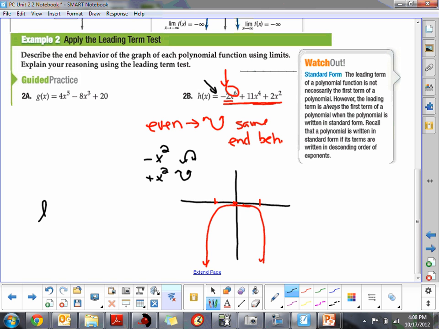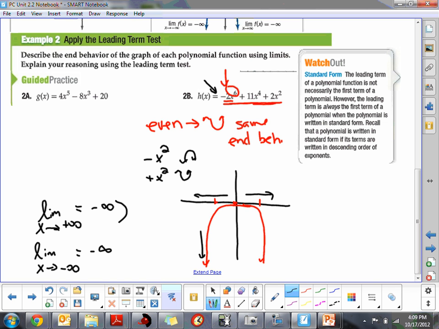So the limit as x approaches positive infinity: the y's are going towards negative infinity. And the other way that we symbolize this using limits is, as x approaches negative infinity, that limit approaches negative infinity as well. Even when we go to the left, the y's are falling, toward negative infinity.